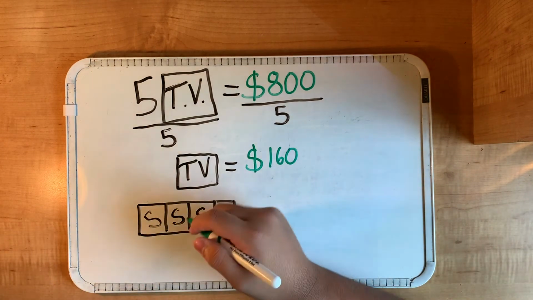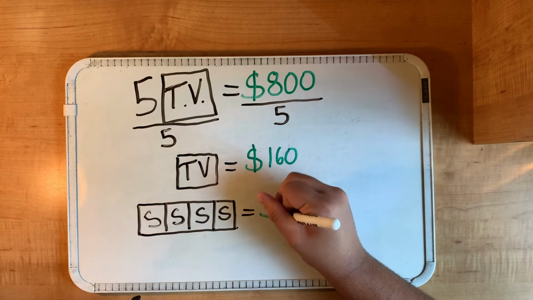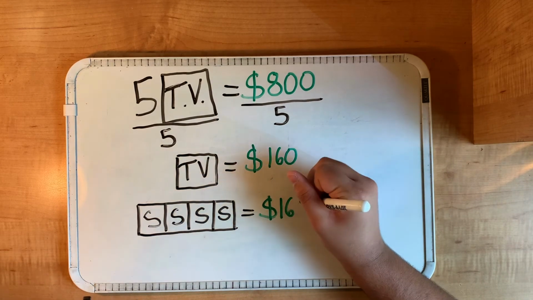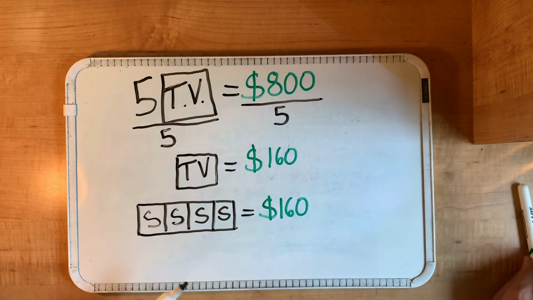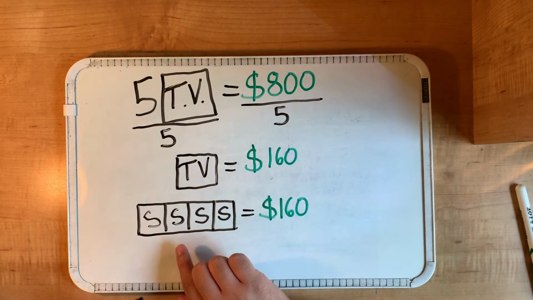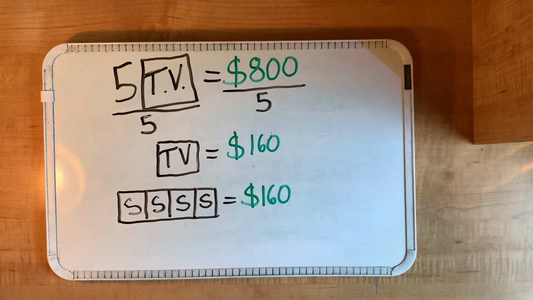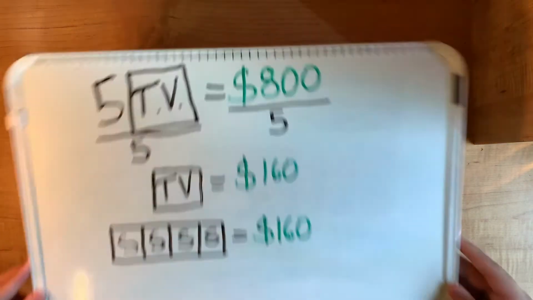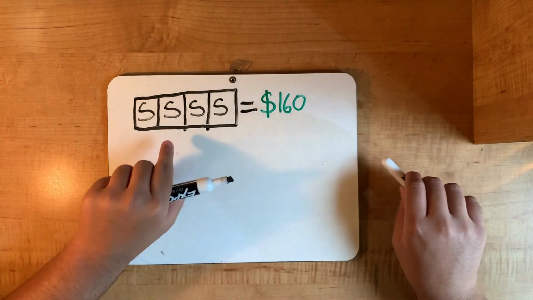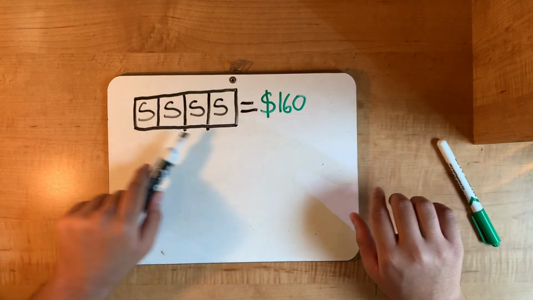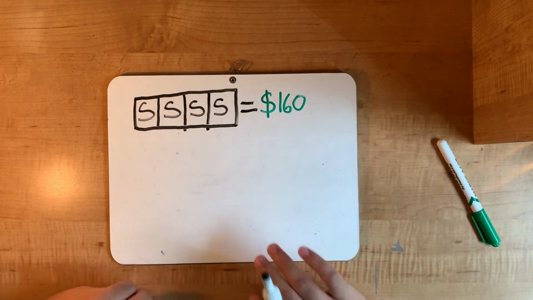So that means 4 speakers is equal to $160. Now we need to find the individual price of a speaker. I just rewrote the same thing: 4 speakers is equal to $160.